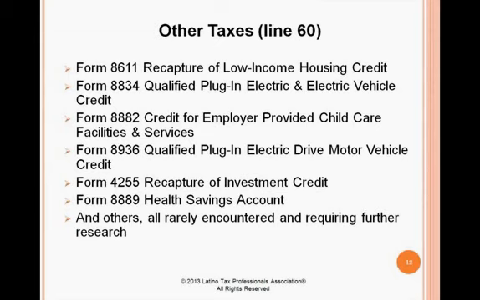Form 8882 credit for employer-provided child care facilities and services. Form 8936 qualified plug-in electric drive motor vehicle credit. Form 4255 recapture of investment credit. How about Form 8889 health savings account? And there are others. All of them are rarely encountered and do require further research if you run across them.